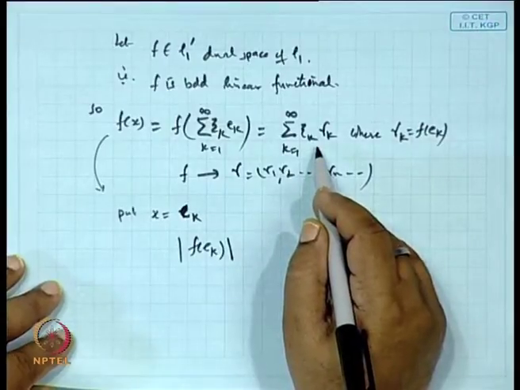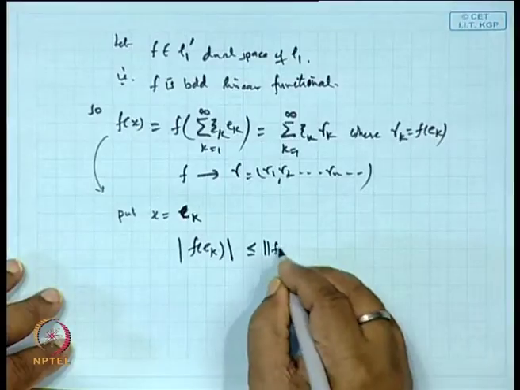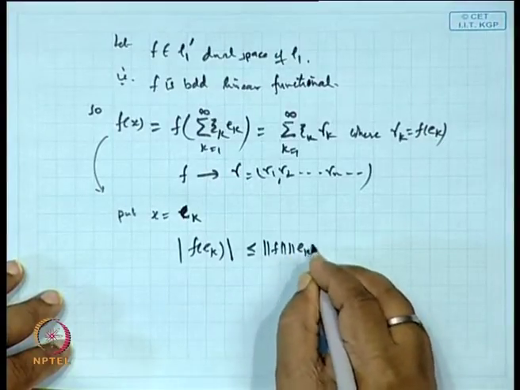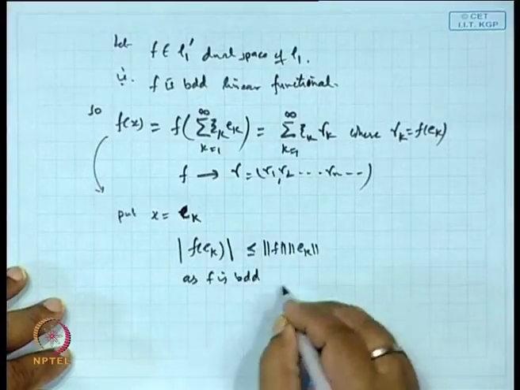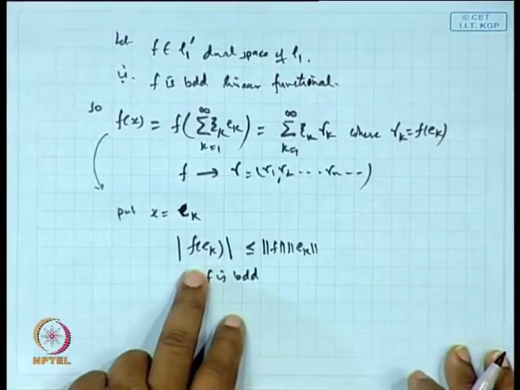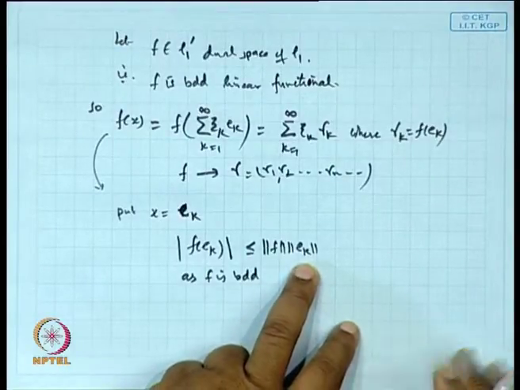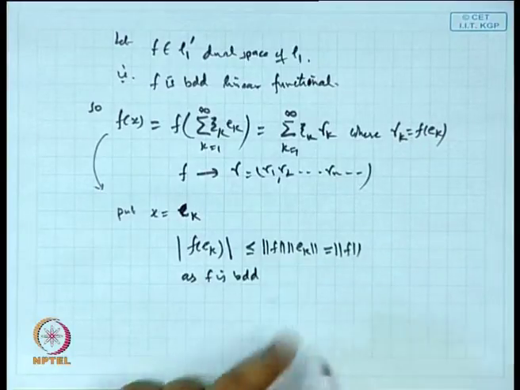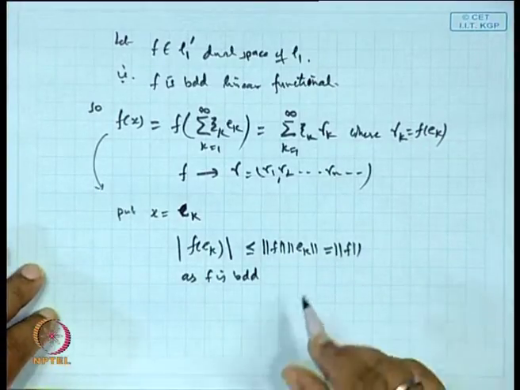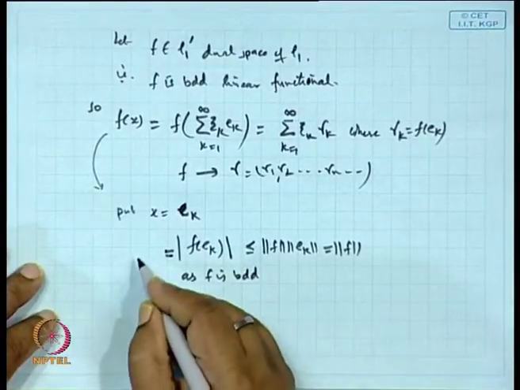By definition, this is less than or equal to norm of f into norm of e k, as f is bounded. But e k norm is 1. So, basically this is norm of f. Clear? And what is this? Is it not the same as mod gamma k?